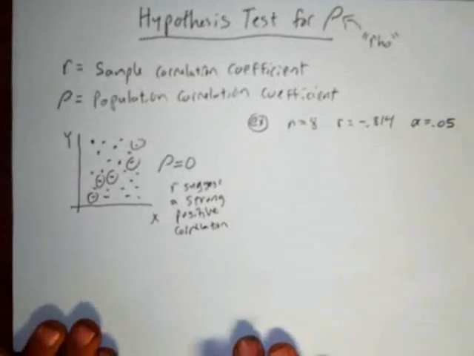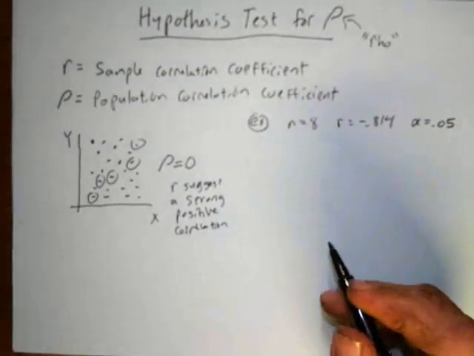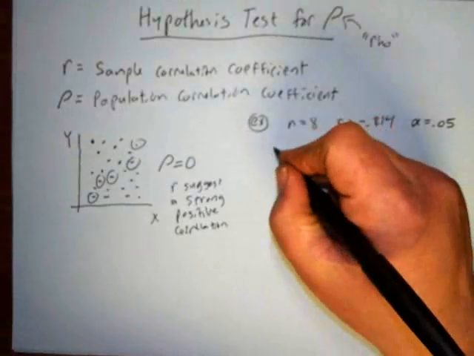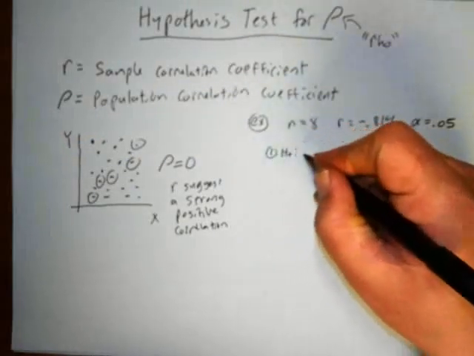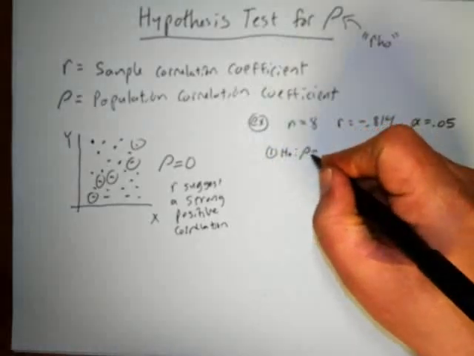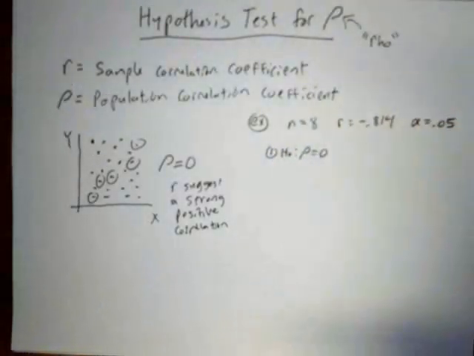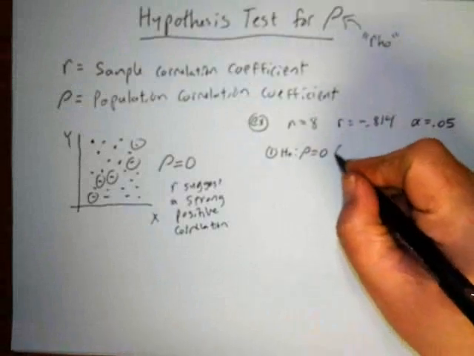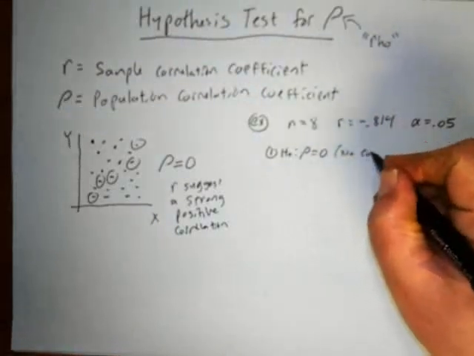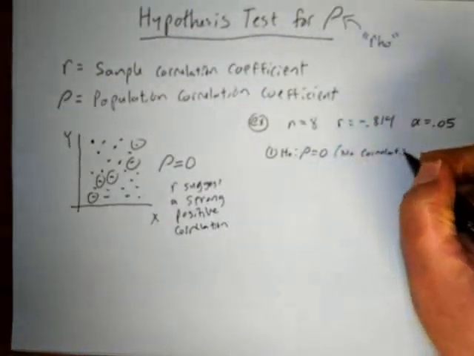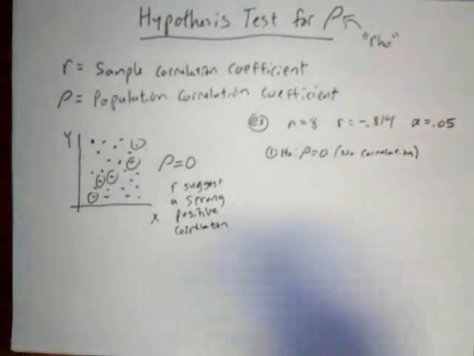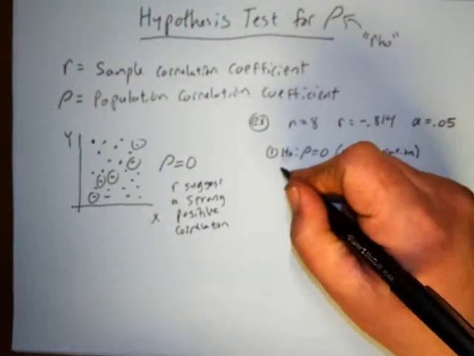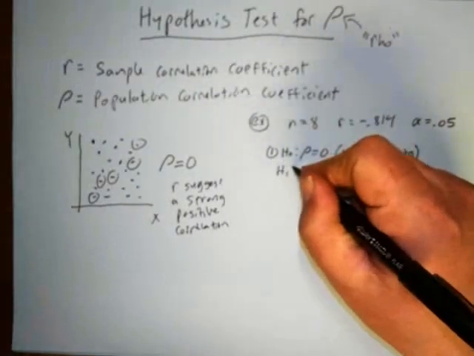Whenever you perform this particular test, H naught will always be that there is no correlation, rho is equal to 0. And then the alternative is that there is a correlation.